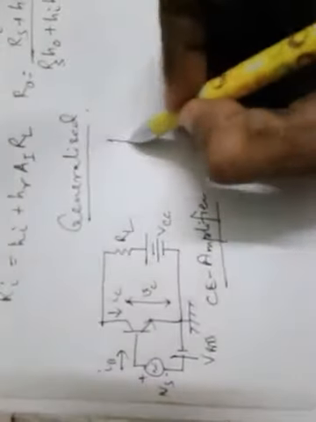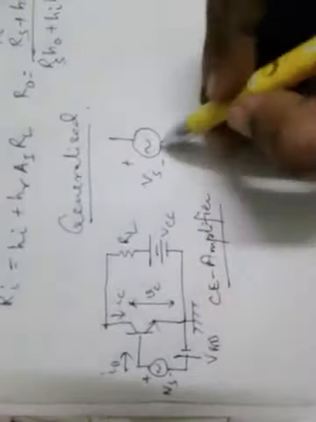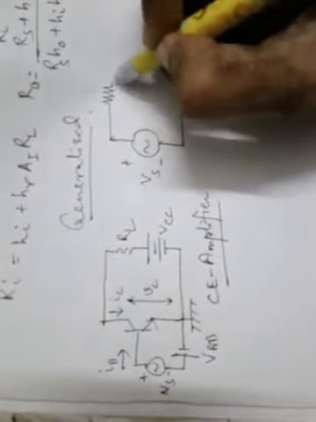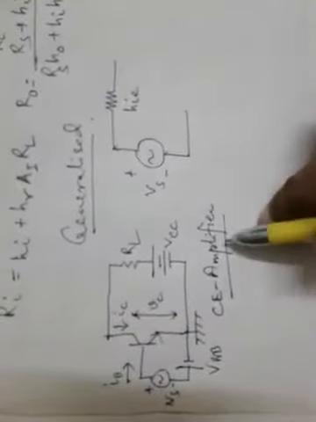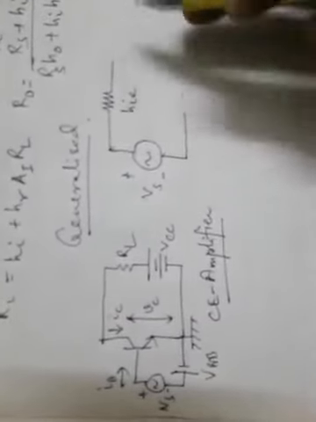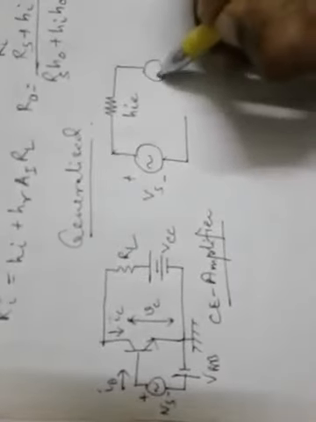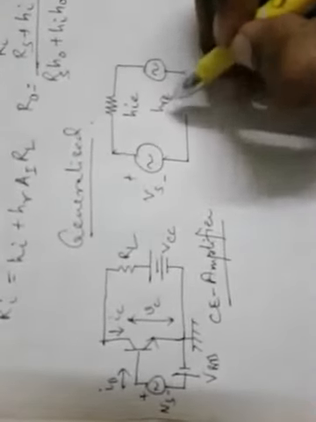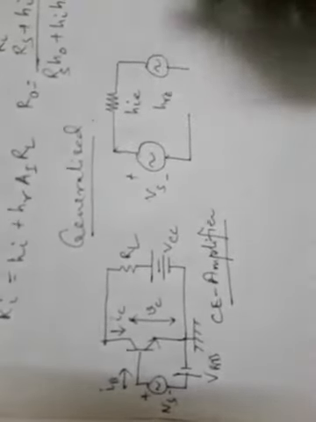At the input side there will be a single mesh in the equivalent circuit. This is my VS, the applied alternating input source, and in the equivalent circuit my first parameter is HI. So this is HIE. Why HIE? Because it is common emitter mode, so the second subscript should be E for emitter. This HIE is connected to a voltage source having value HRE V2, and what is V2 here?